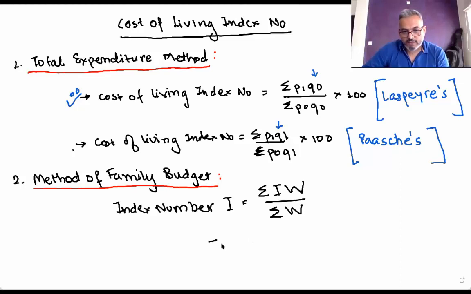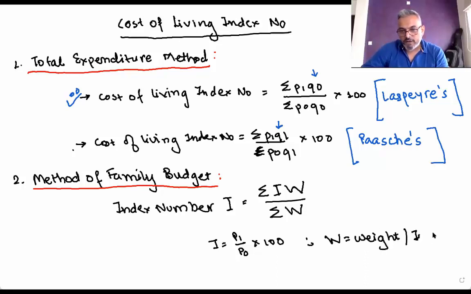I is equal to P1 upon P0 into 100 and W is equal to weight. W is also equal to importance. So weight is equal to P0Q0.